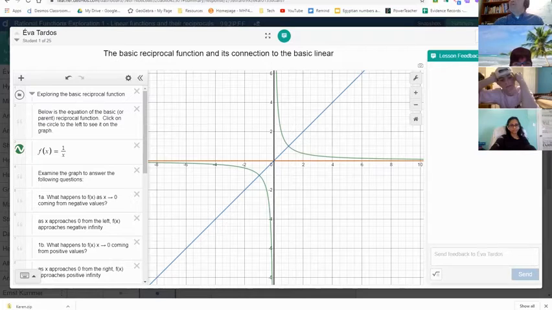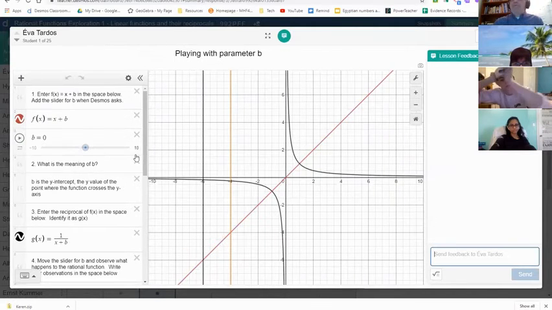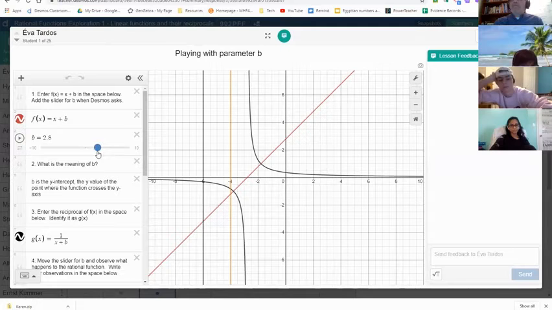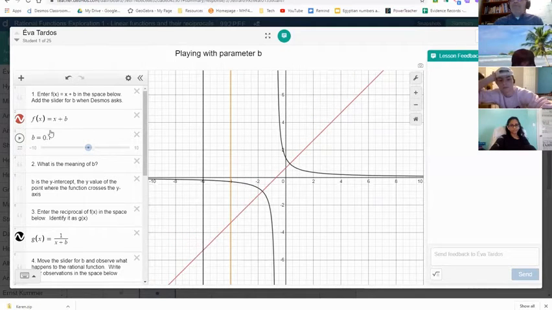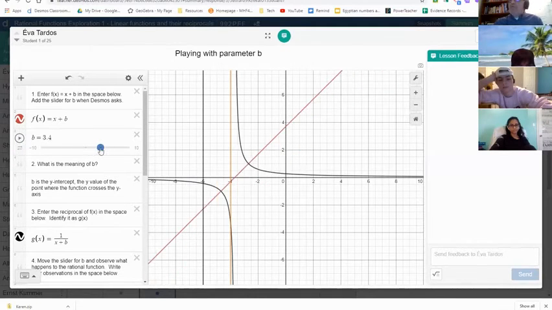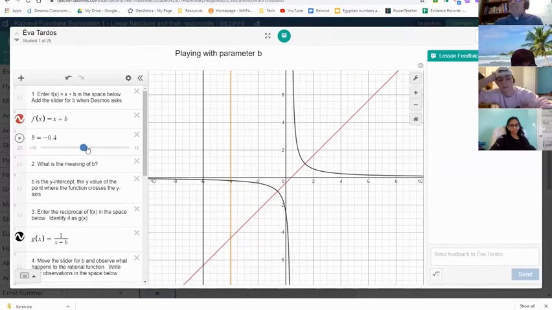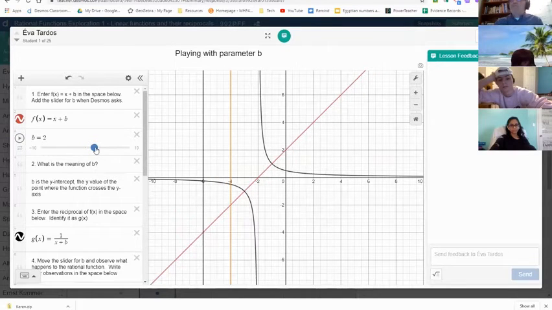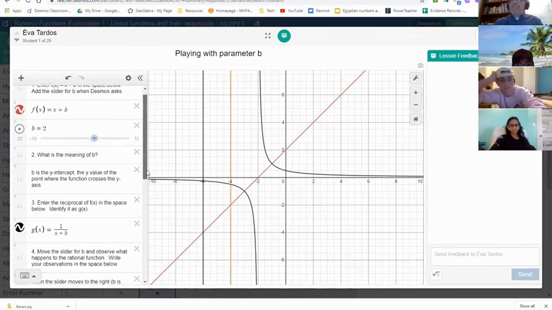And then, of course, on the next screen, you are playing with different values of b, now we have x plus b. We're not changing the slope, but we're changing the y-intercept. And what is the connection? Let's say when I make b equals 2, what is the connection between the y-intercept and the vertical asymptote of the reciprocal, right?